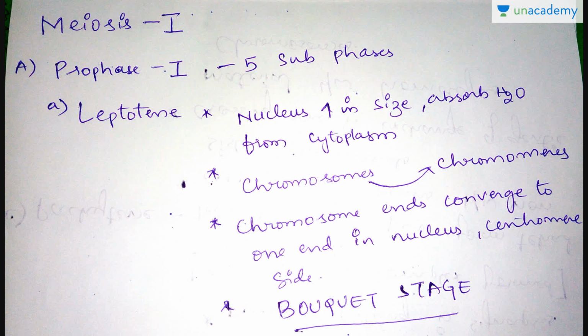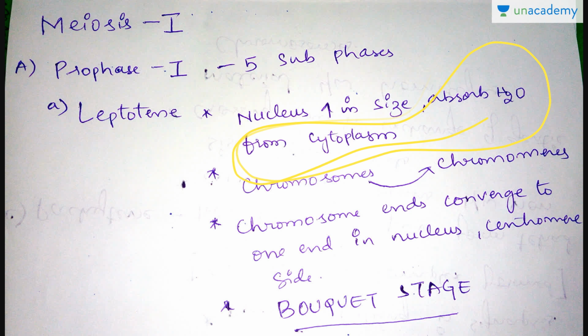The first stage of meiosis 1 is prophase 1. This is again divided into 5 subphases. The first phase is called leptotene. In this leptotene, the nucleus increases in size and absorbs water from the cytoplasm.